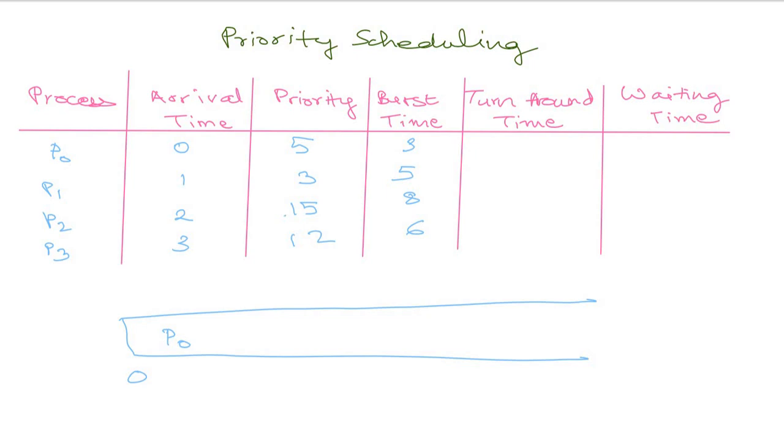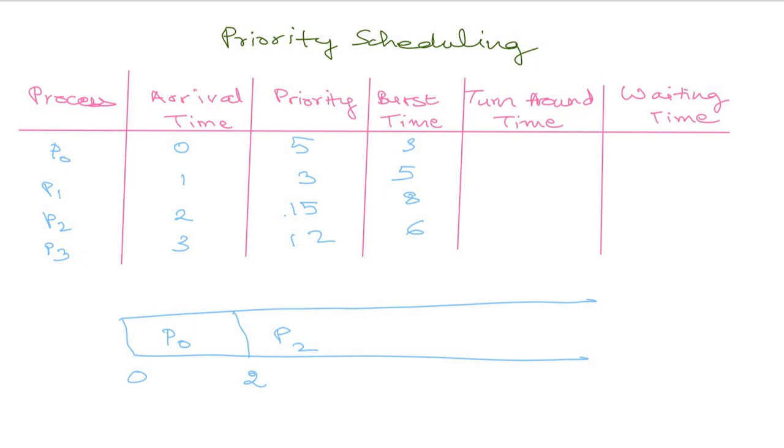Now at time 2 P2 enters, which has a higher priority, that is 15, so we preempt P0 and allocate P2. At time 3 when P3 enters, it has a priority of 12, which is still lower than P2, so P2 continues.